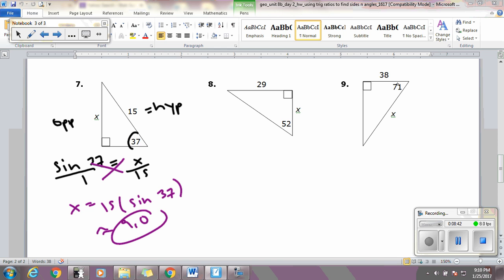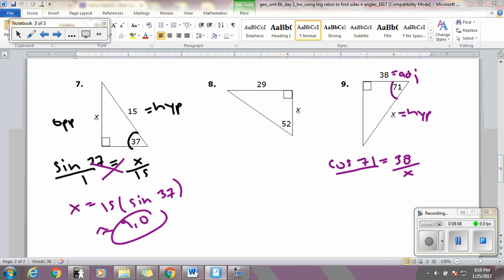Alrighty, number 9, x again is the side. My reference angle is 71. 38 represents the adjacent side. X represents the hypotenuse. So since I have adjacent and hypotenuse, I can write the cosine function. So the cosine of 71 is equal to adjacent, which is 38, over hypotenuse, which is x.